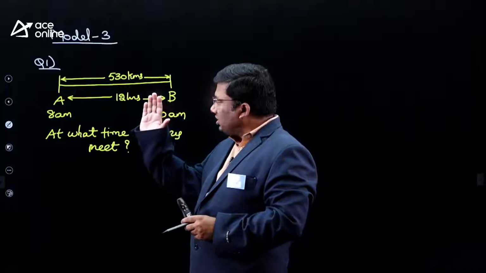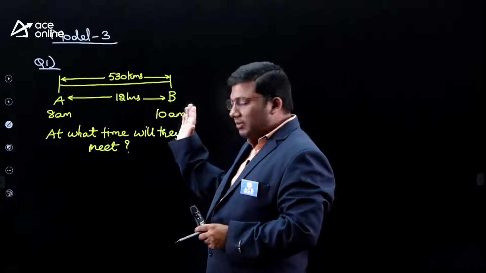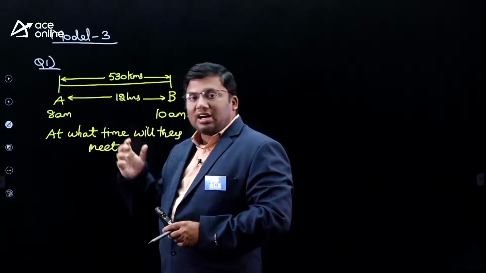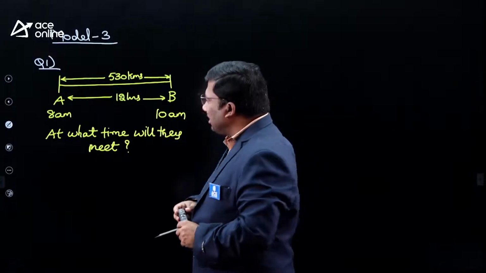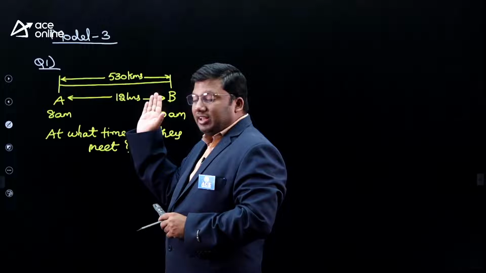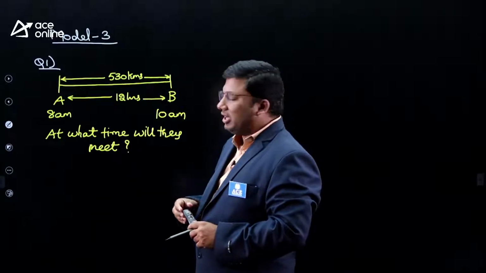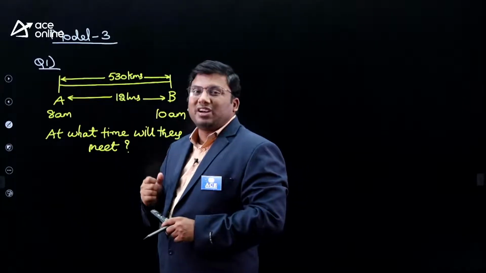There are 2 stations, station A and station B. The train at station A starts at 8 a.m., the train at station B starts at 10 a.m. The distance between A and B is 530 kilometers, and the time is 12 hours.